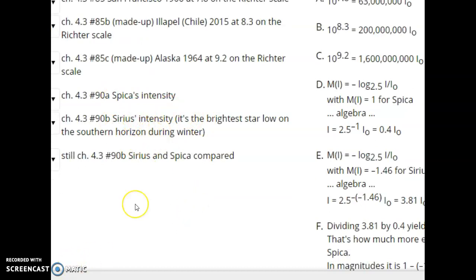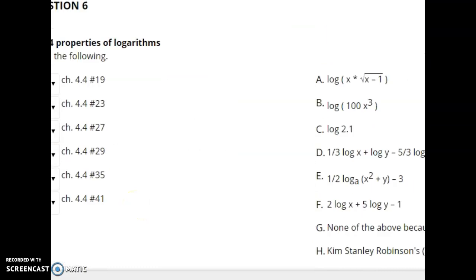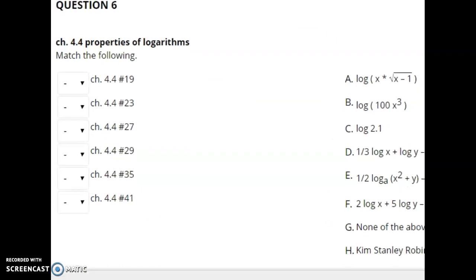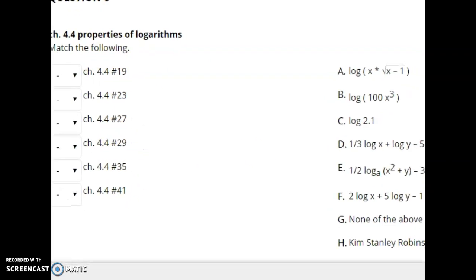All right, the next problem on the homework. This one here, properties of logarithms. So you're supposed to take these problems here from chapter 4.4 and rewrite them, simplify them, I guess, or rewrite them differently. And again, just a hint to the wise that these are actually in the reverse order when you look at these.